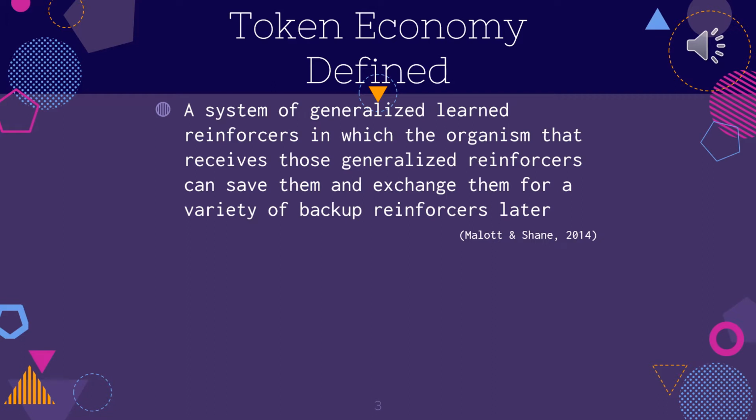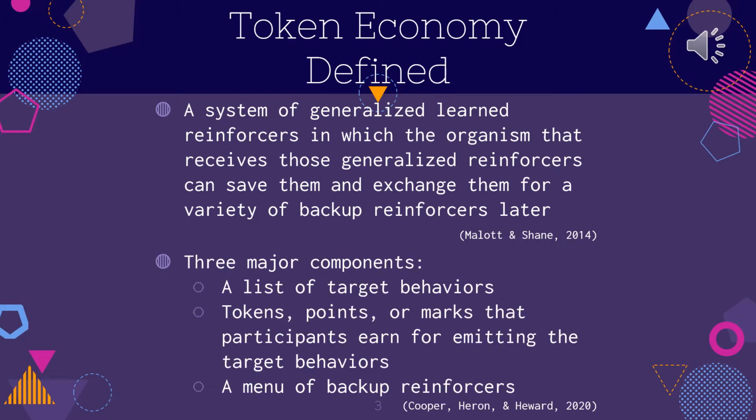Cooper, Heron, and Heward have identified three major components to token economies. First, there's a list of target behaviors. Second, there are tokens, points, or marks that participants earn for emitting the target behaviors that have been identified. And third, there should be a menu of backup reinforcers.